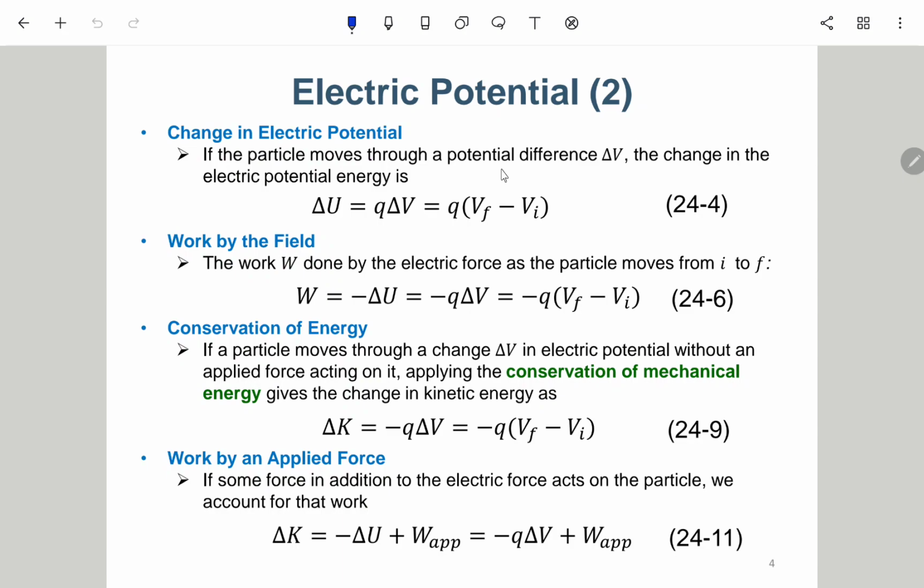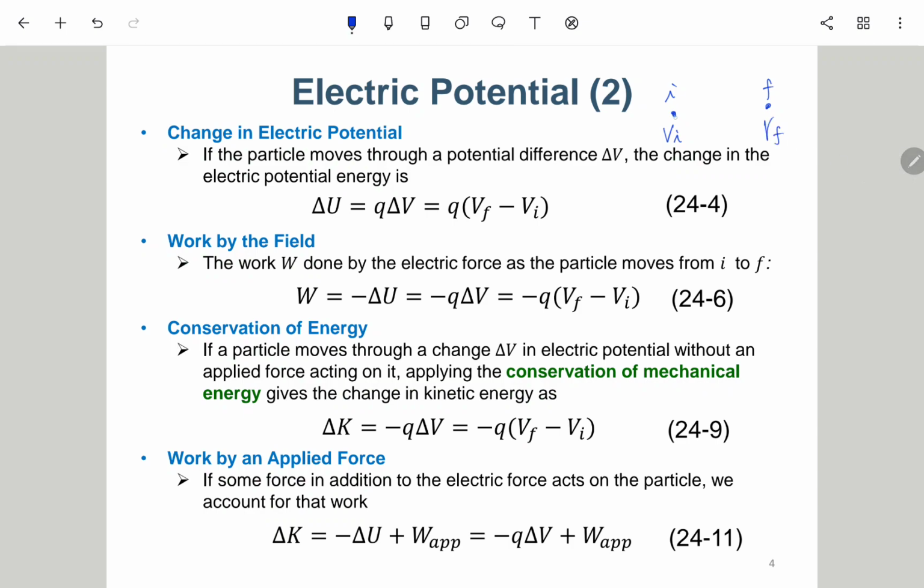Okay, so there are some simple equations. First, the change in electric potential. In space, suppose you have two points, an initial point and a final point. The initial point has an electric potential of Vi, and the final point has a potential of Vf.